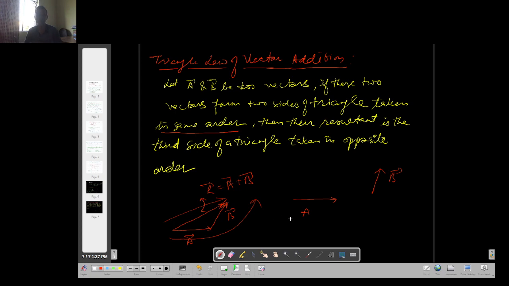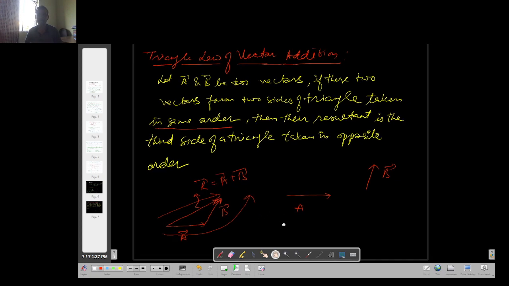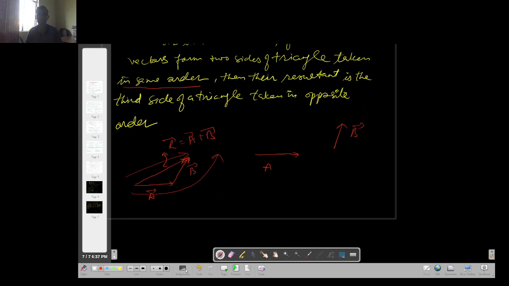We can also take it otherwise. There is another way to look at it. Say this B vector is drawn like this and A vector is drawn like this, then the resultant will be this one.